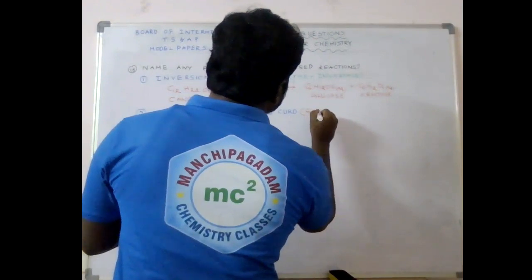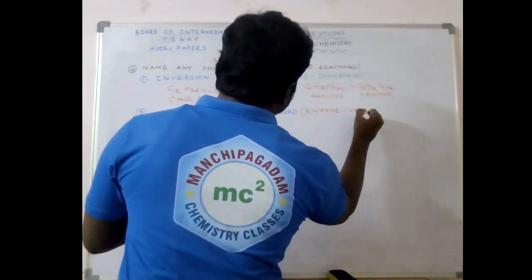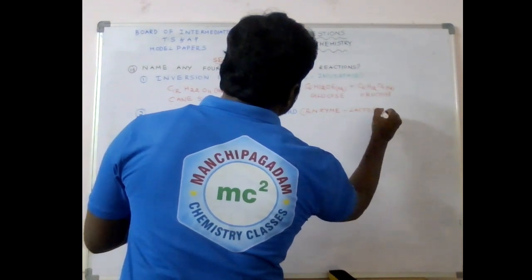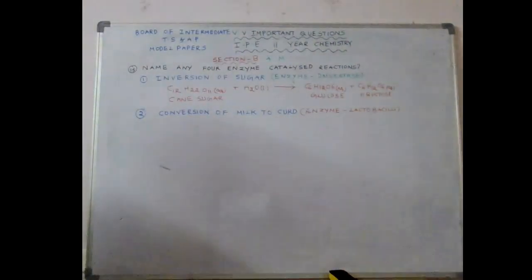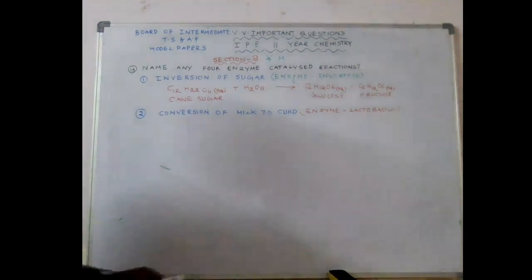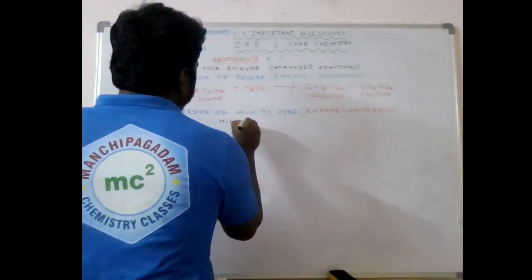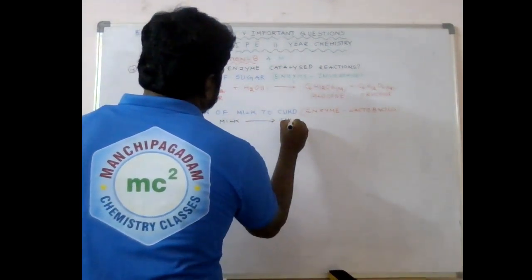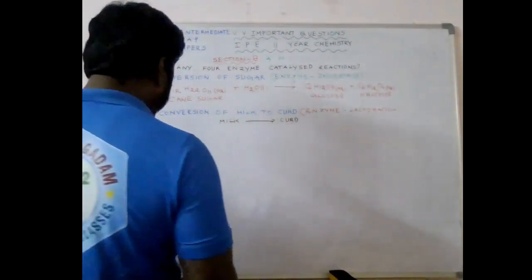The enzyme is lactobacilli. Milk usually contains lactose, and based on that, the enzyme name is lactobacilli. Milk is converted to curd in the presence of this enzyme, lactobacilli. This is the second one.